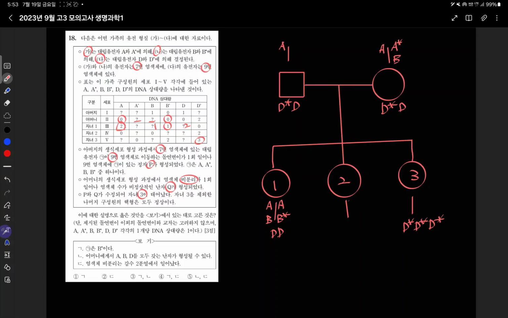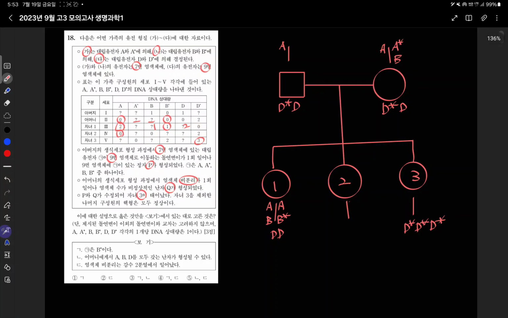Likewise, if we look at the cell of child number 2, it doesn't have A and B allele, so that means it should have the chromosome with A asterisk and B asterisk linked, and such chromosome can come from father.